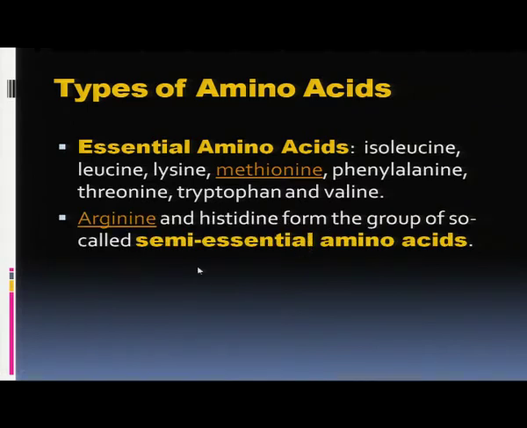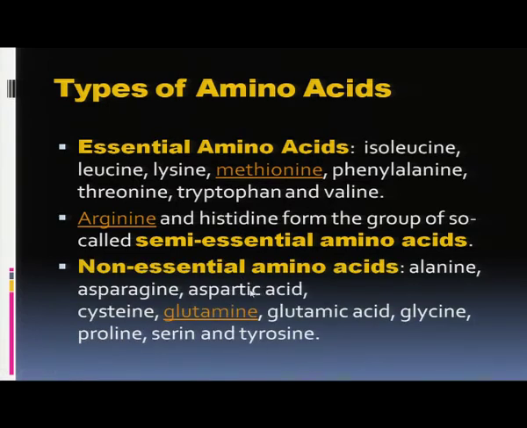The second group is semi-essential amino acids. They are synthesized by our cells whenever they are required, and semi-essential amino acids are of two types, arginine and histidine. The third one is non-essential amino acids.